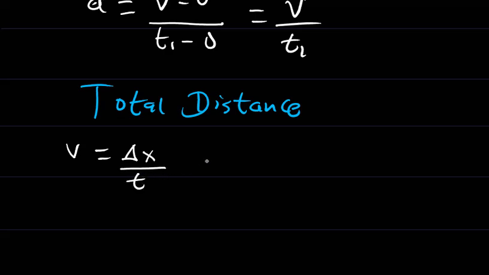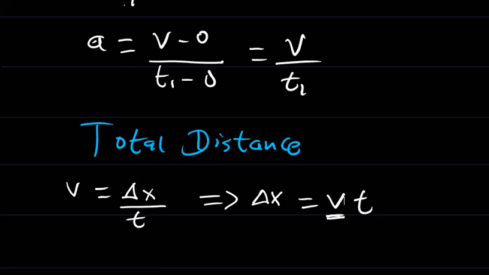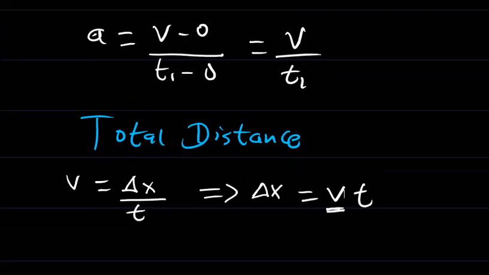Anytime you're asked to calculate total distance, all we need to do is cross multiply. That's going to be velocity. Remember, for a uniform acceleration, this velocity is known as the average velocity, V, multiplied by t. But that is not exactly what we are looking at here.